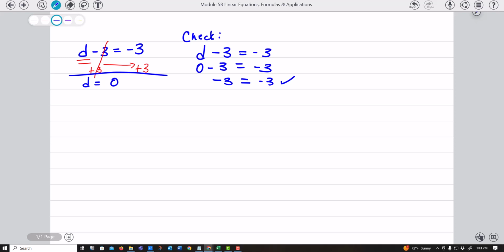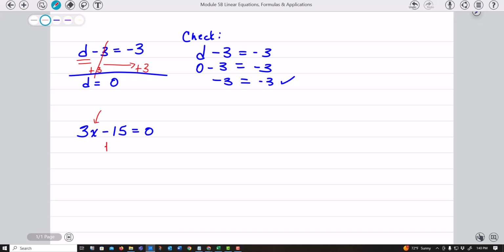When they get a little more difficult, let's say we have something like 3x minus 15 equals 0. I want to isolate the x. I want to get it all by itself. I always work on the x last, so I leave that for last.